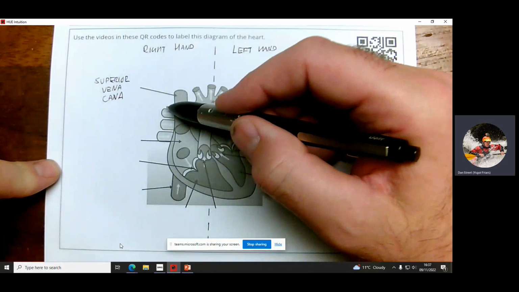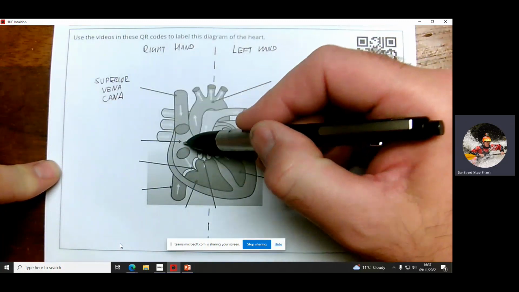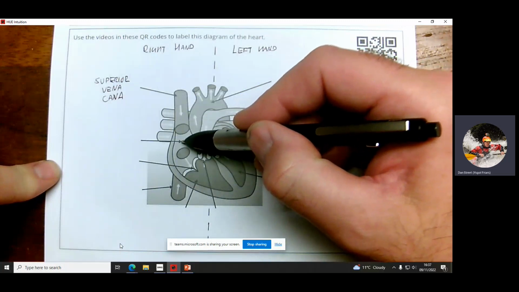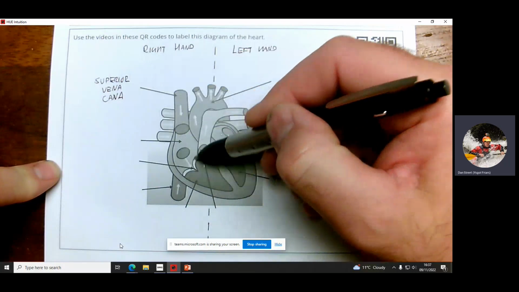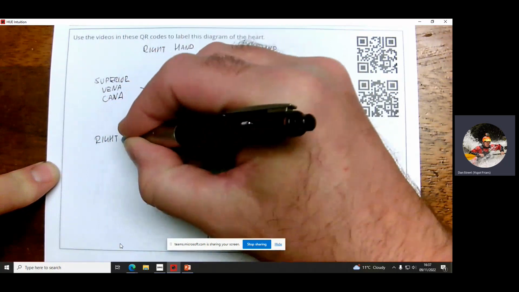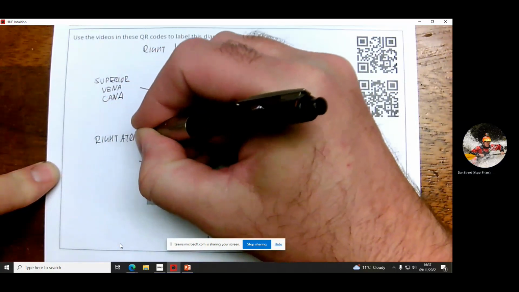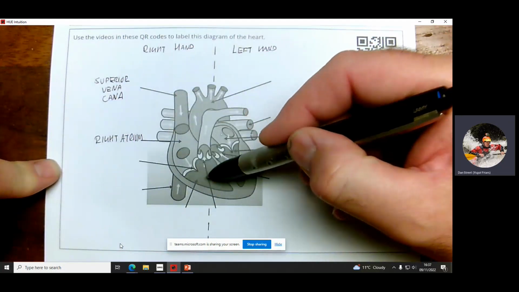If we move down, the next label you need is the chamber that delivers blood into the right atrium. So we're on the right hand side, it's the upper chamber, so it's the atrium. So right atrium. Okay, now at this point it passes through a valve.